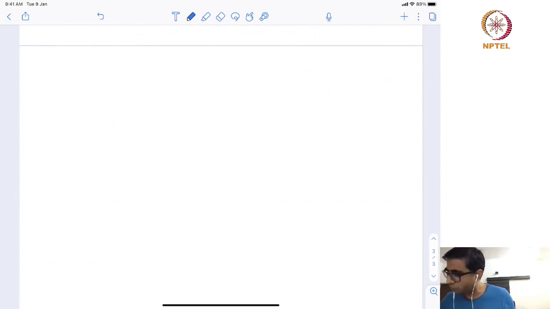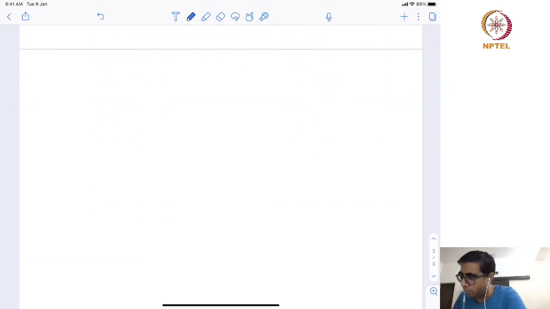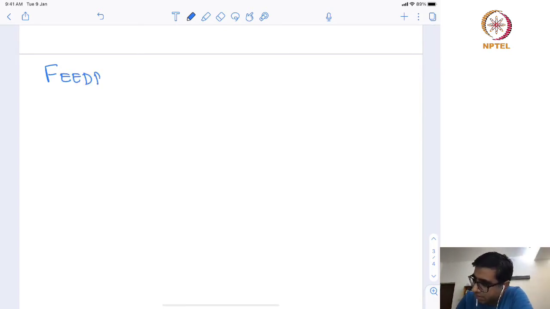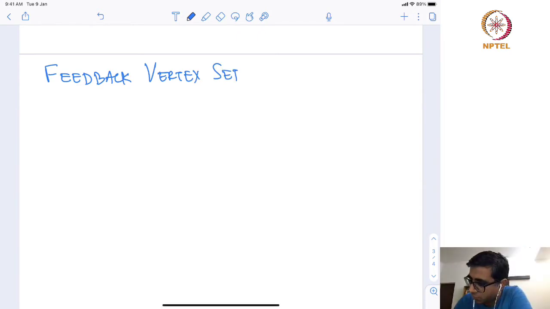To solve our favorite problem, say vertex cover, which we will talk about again in a while, let us just to illustrate this take the feedback vertex set problem, for which you have seen an algorithm last week when we were doing branching. So, what is feedback vertex set?